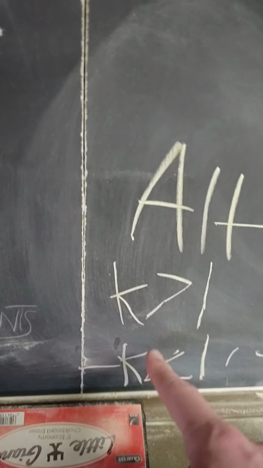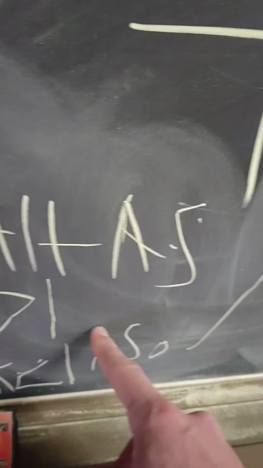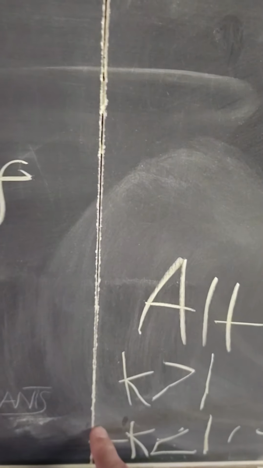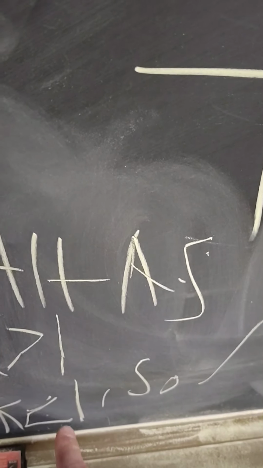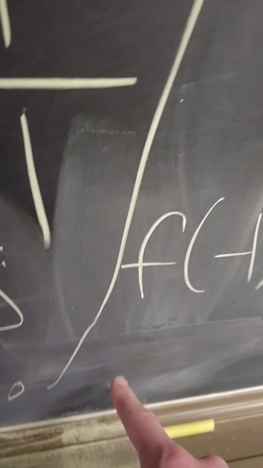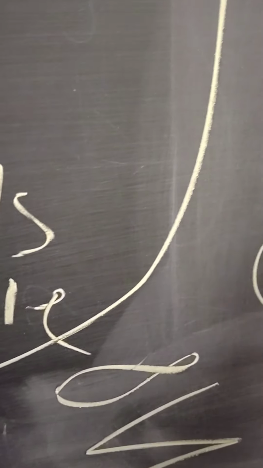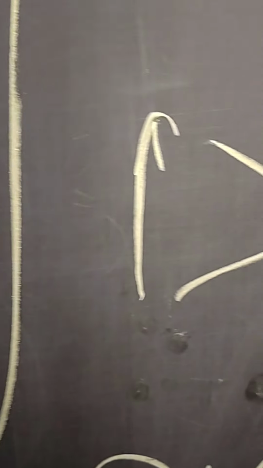So, alternating series, k to the k is greater than 1, and negative k to the k is less than 1. So if we follow this, it converges absolutely on the interval -1 to 1, and because r is greater than 1, it diverges everywhere else. And that is the end.